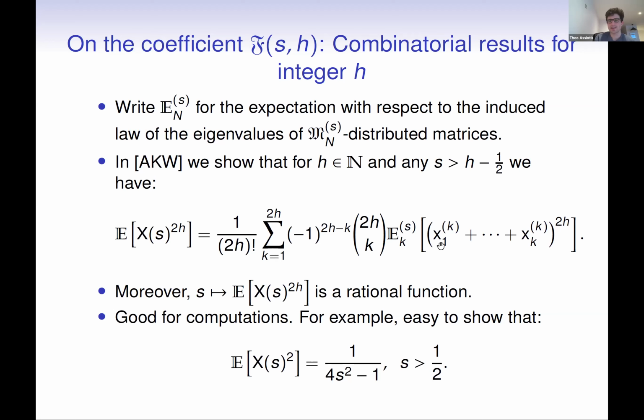So these are the k eigenvalues of a k by k random Hua-Pickrell matrix. And then with this formula, you can show that for fixed h this is actually a rational function in s.